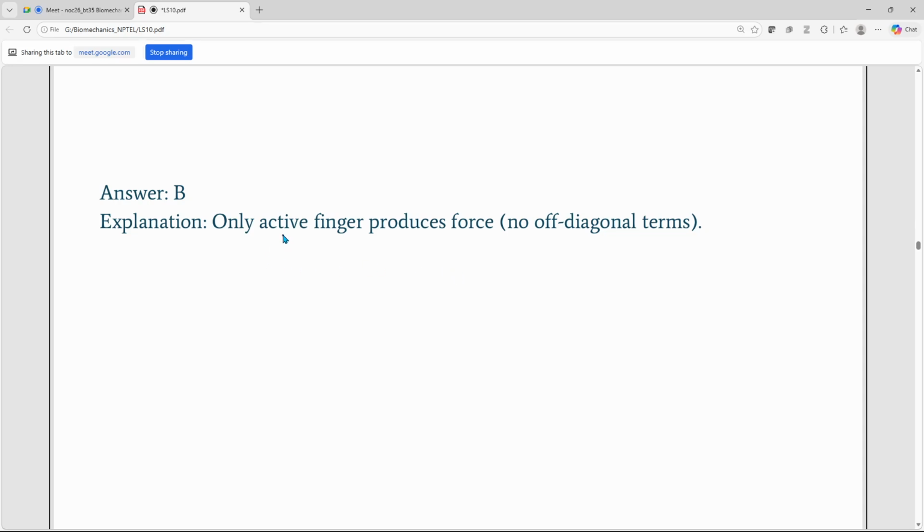So only the active finger produces the force, no other fingers. So the other elements other than the diagonal become 0 and it becomes a diagonal matrix. The answer is option B, diagonal matrix, because only the active finger produces the force and active fingers will be in the diagonal direction.